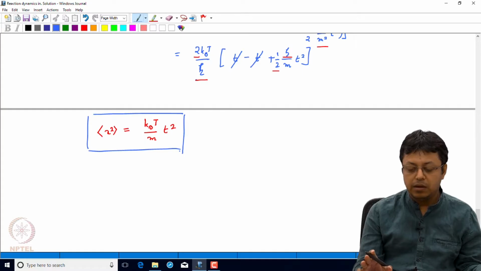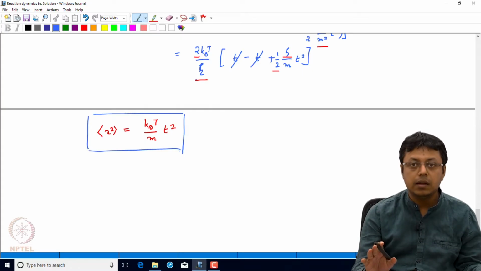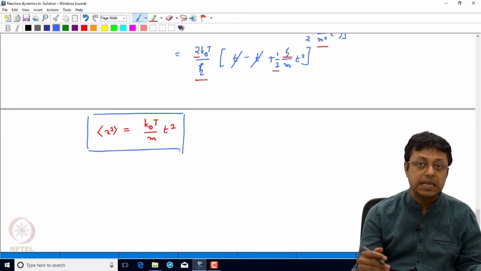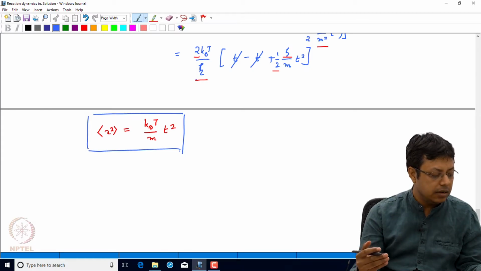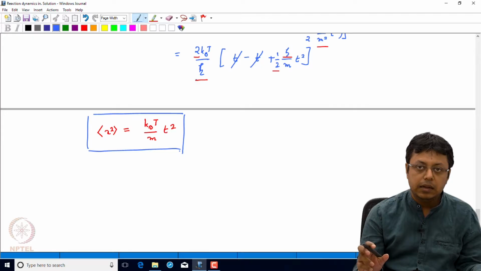Now, what we have done here is basically known as the ballistic regime, in the sense that we have made an approximation that in the very small time scale, this will be correct.